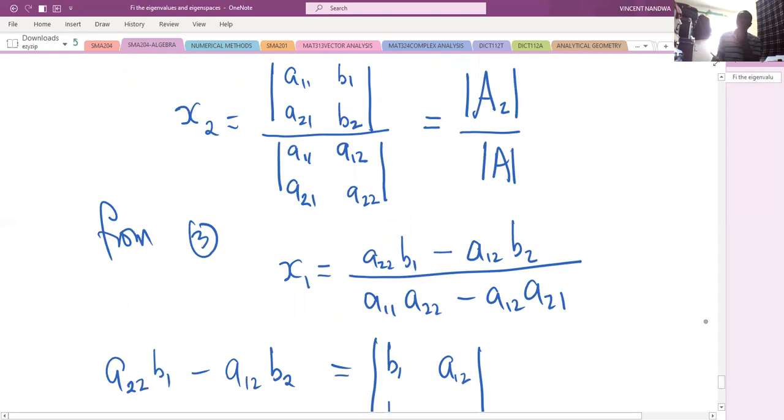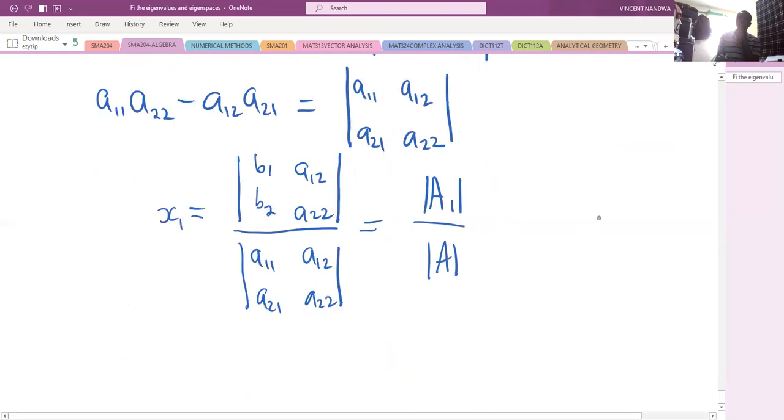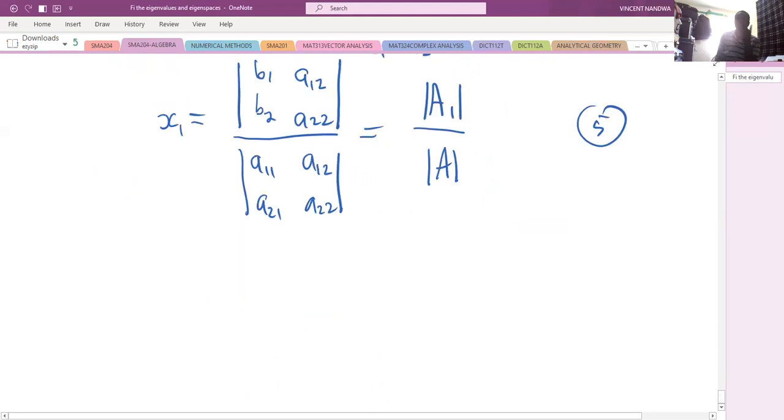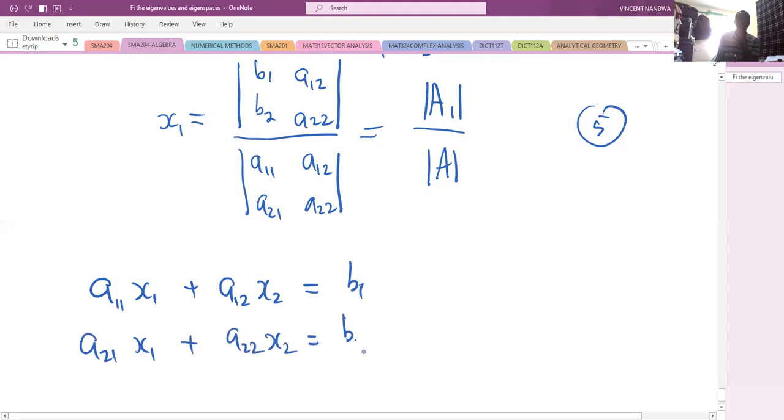So then now, if you call this one 4, expressions for x2 in terms of determinants, and then this one 5, there's something that is actually coming out from these two results. Remember the original, we had a11 x1 plus a12 x2 equals b1, and a21 x1 plus a22 x2 equals b2.